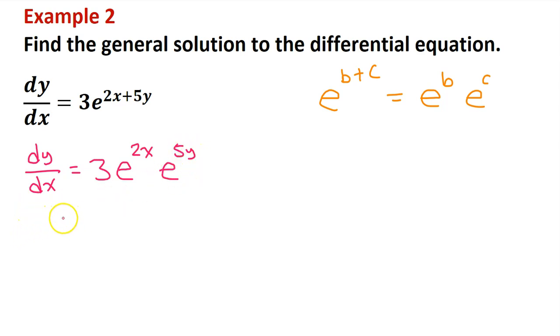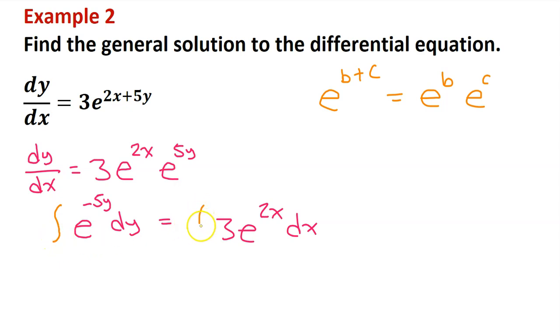So on the left side, I'm going to have 1 over e to the 5y dy is equal to 3 e to the 2x dx. But actually, I would rather write this as e to the negative 5y power. Now that we have separated the variables, we can take the antiderivative of both sides of the equation.